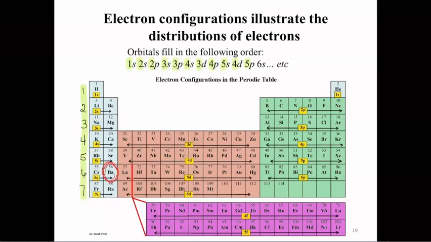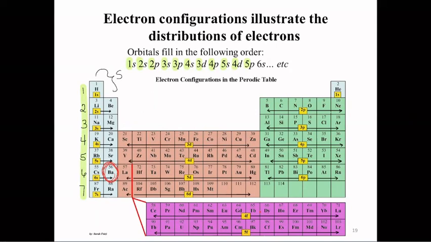The other information that you can see here is that the periodic table can be divided into blocks, meaning there's an area of the periodic table that is called the S block. That's the circle shape.